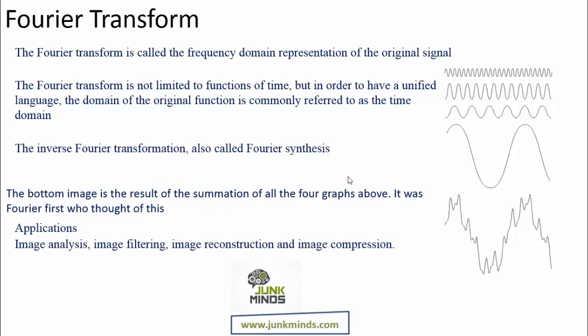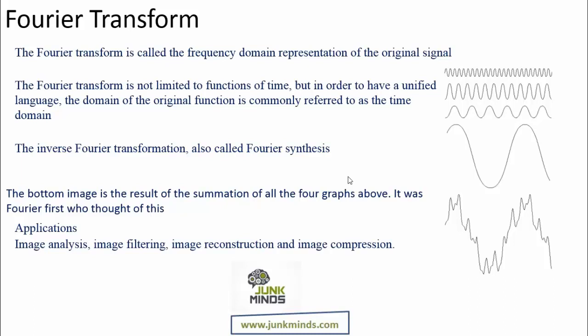It refers to both the frequency domain representation and the mathematical operations that are associated to the frequency domain representation to a function of time. The Fourier transform is not limited to functions of time, but in order to have a unified language, in order to be common, the domain of the original function is commonly referred to as the time domain.